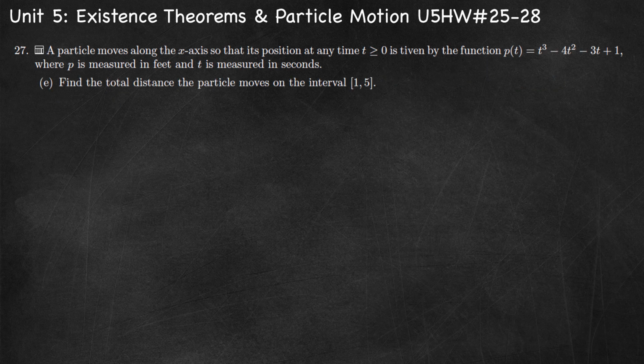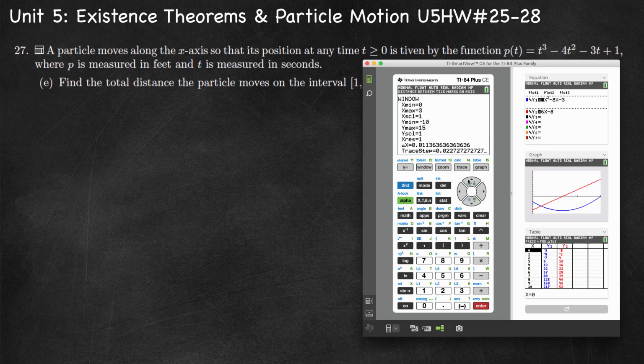Okay, then part E. Find the total distance the particle moves on the interval from 1 to 5. Total distance. So we need to consider where on the interval from 1 to 5 does the particle change direction, if it does change direction. So let's fix my window here again. Now we're just interested in what is happening from 1 to 5.